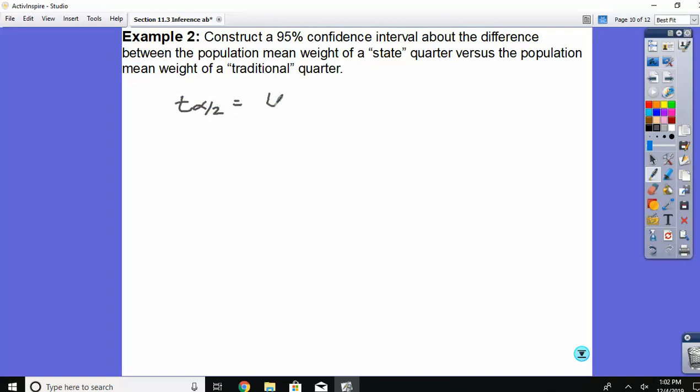Since I'm talking about 95, my alpha is 0.05, so this is t of 0.025. We had how many degrees of freedom? 15. So going from your t distribution table, 15 degrees of freedom, 0.025 gives us 2.131.